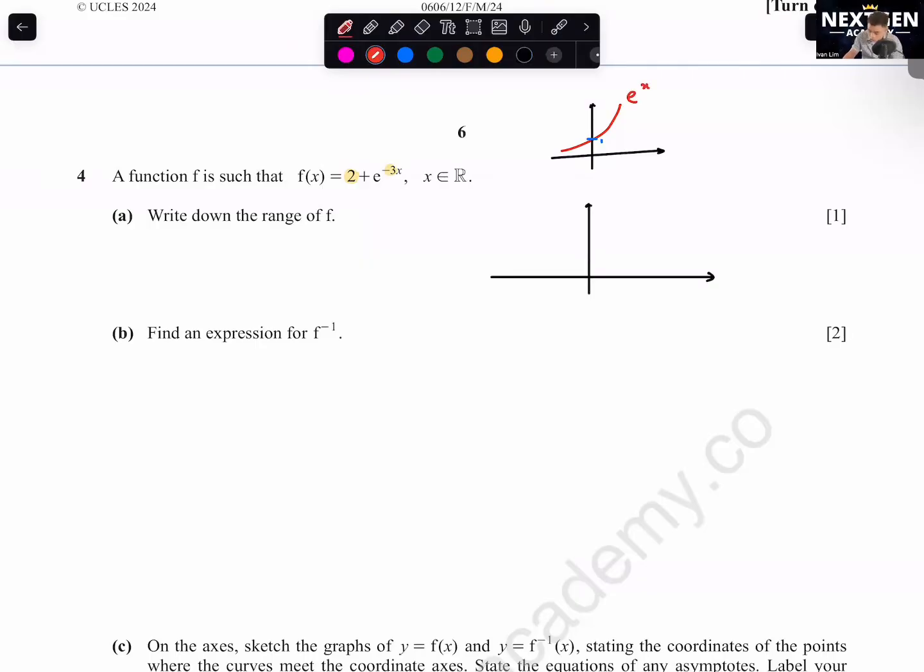I want to do e to the power of negative 3x. If you forgot already, this is how you explain it. What happens to all the x right now? Every x value is multiplied by negative 3, right? Everyone understand this statement? All your x is multiplied by a negative. We can ignore the 3 because it doesn't affect the shape.